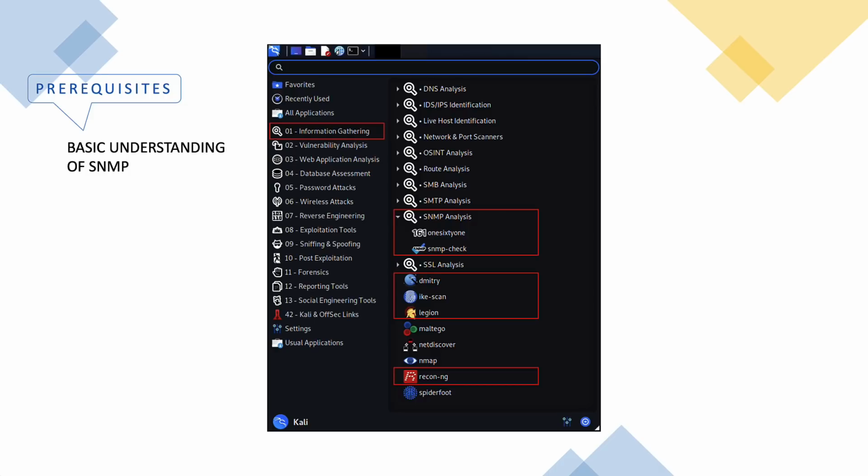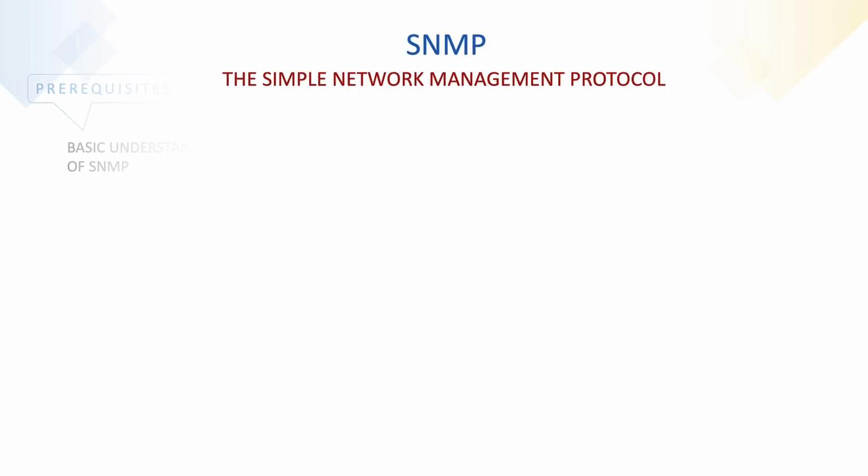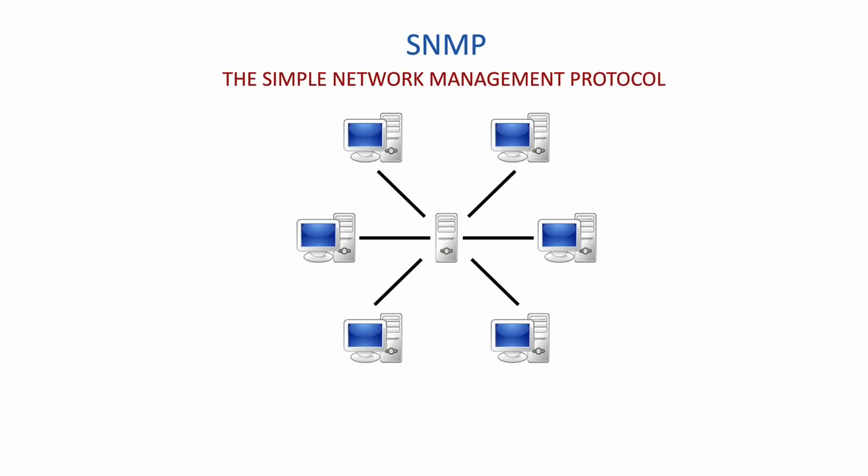So let's start with a brief introduction to SNMP. The Simple Network Management Protocol was originally created to monitor and manage network devices like routers and switches, but then it evolved to manage any device in your network. SNMP has a simple client-server architecture.